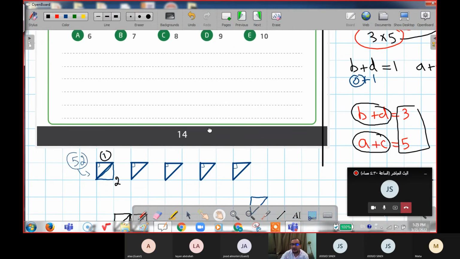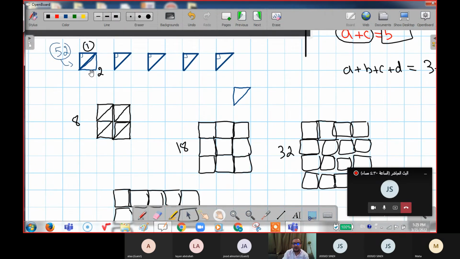Yes, he can reuse them, because you cannot say, for example, I use here 2 right isosceles triangles, so 52 minus 2, it will be 50, then I have only 50. No. She's going to start from the beginning always when she wants to make a new square. So when she starts the first square, and the second square, she's going to start with 52. Okay?